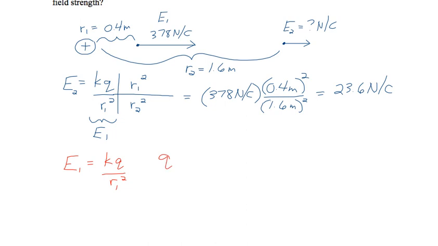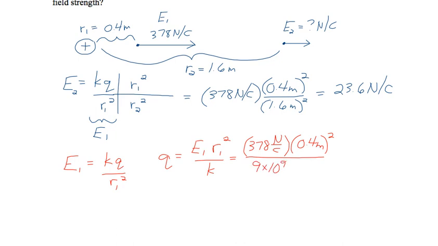So let's now solve for Q. Q is going to be E1 R1 squared over K. So that's going to be 378 newtons per coulomb times 0.4 meters squared, divided by 9 times 10 to the 9th newton meters squared per coulomb squared. And what do you get if you solve that?